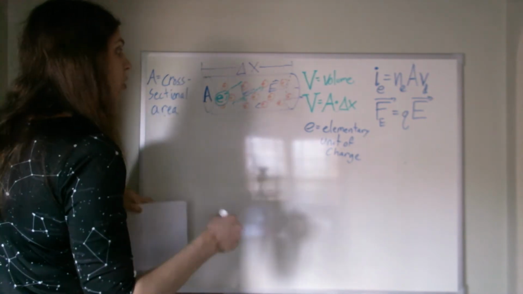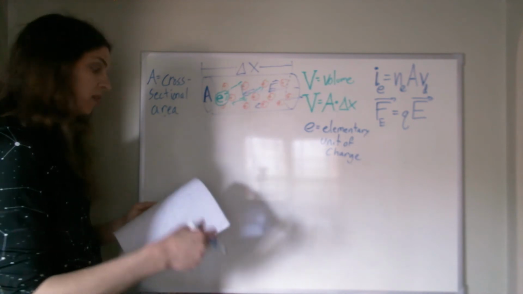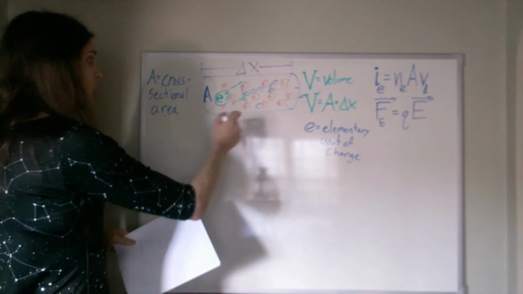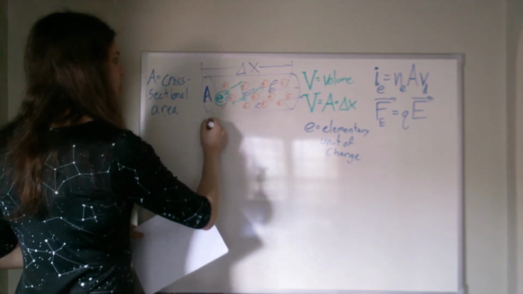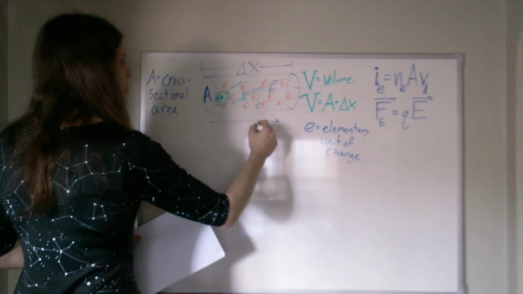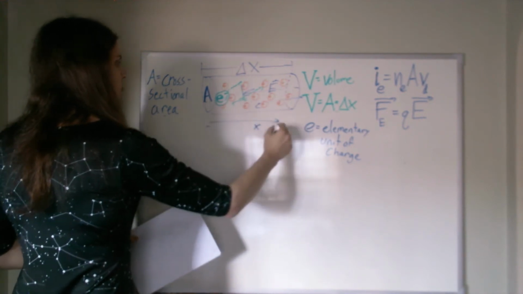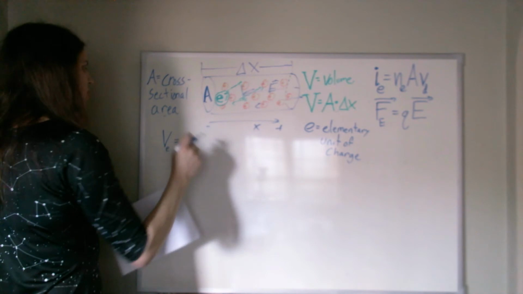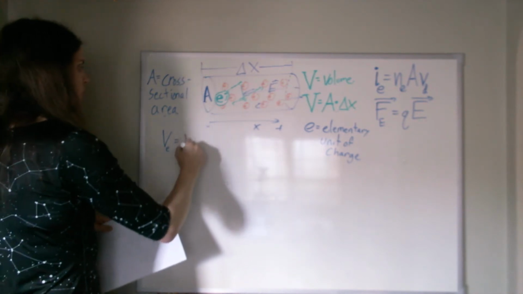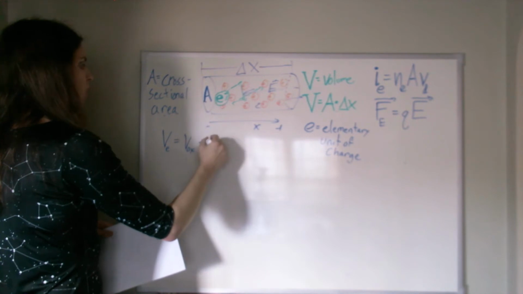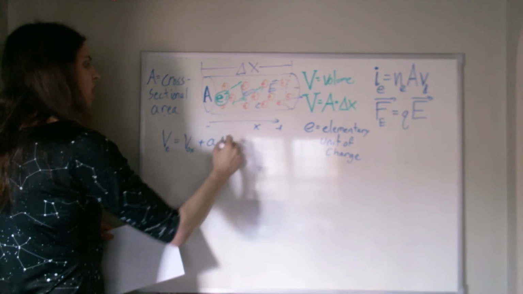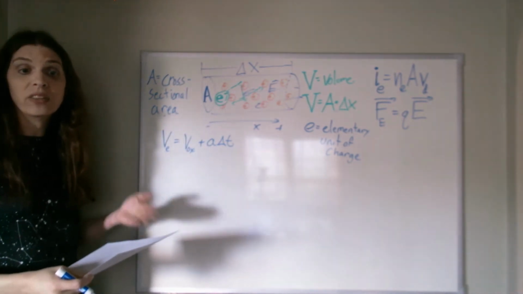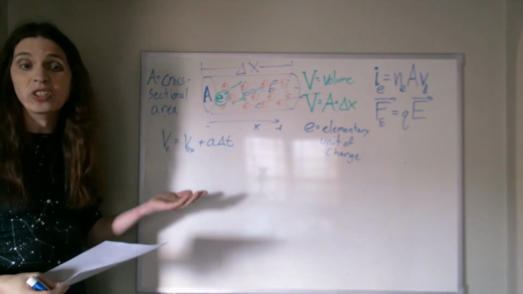So we want to take a look at the speed of any given electron along this direction. If this is our x direction here, then the speed of any given electron equals some initial speed plus its acceleration times the change in time, for an acceleration that is constant, or if we're looking at average accelerations.